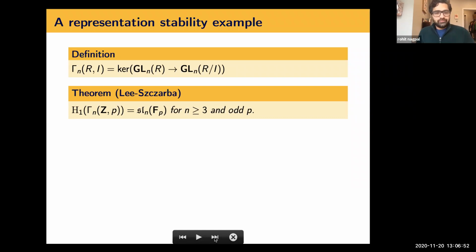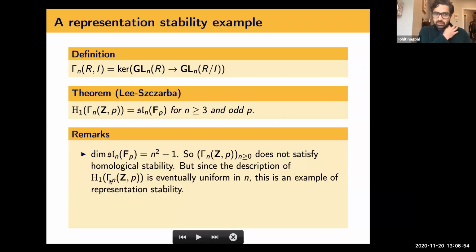So let's notice a few things about this. The dimension of these trace zero matrices is growing like n squared minus 1. So this group does not satisfy homological stability, right? But we should notice that the description is uniform in n, right? The first homology is just the trace zero matrices, so it doesn't really require n to say this whole thing.